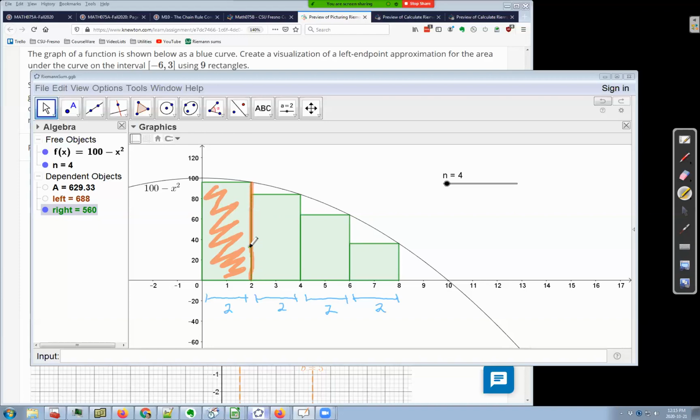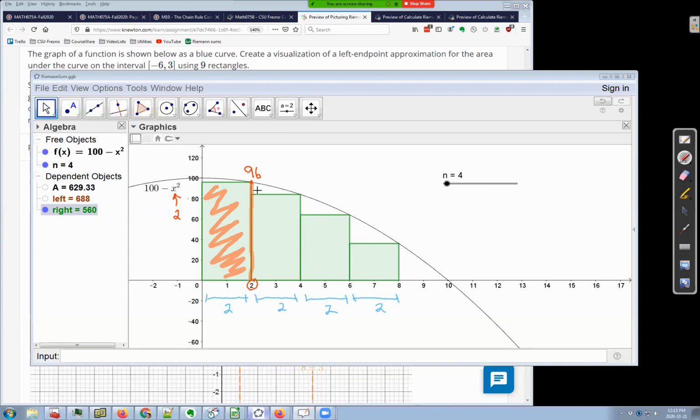Okay. The right side of this rectangle is at x equals 2. If I plug x equals 2 into the function, I get 96, I think. I'm putting 2 into this function because the x coordinate of the right-hand side is 2.